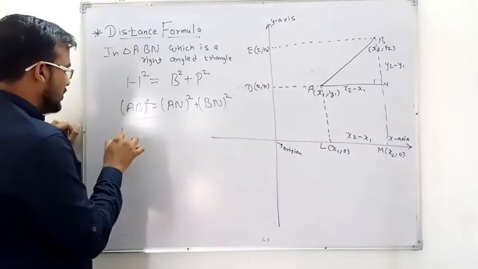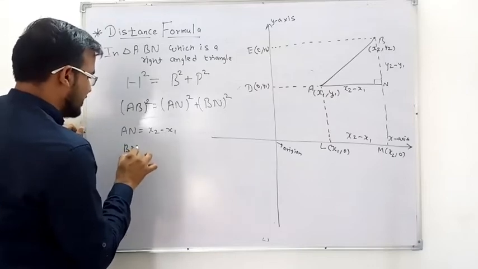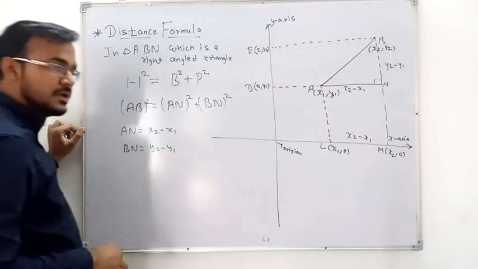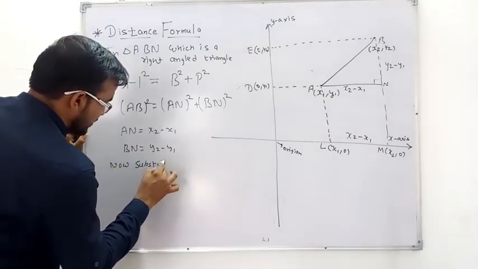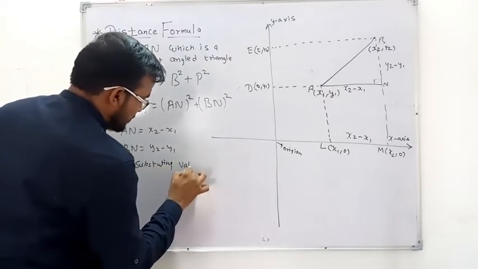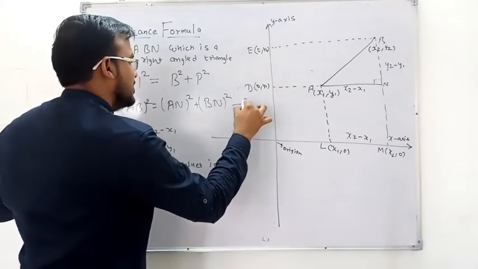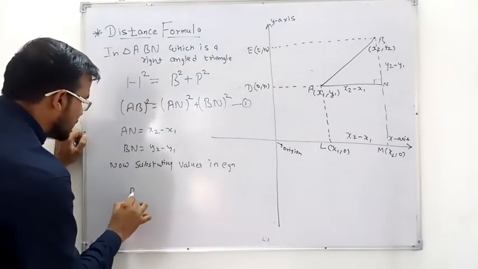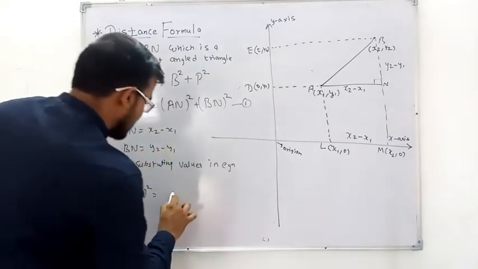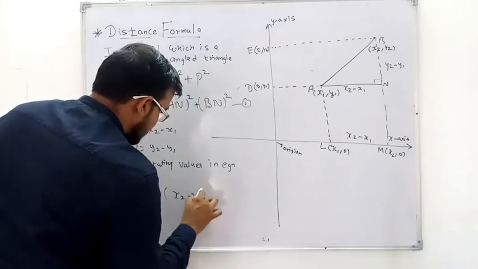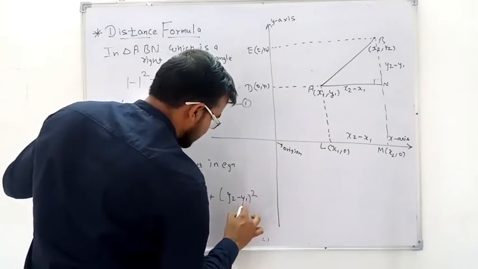Now substituting the value of AN as x2 minus x1 and that of BN as y2 minus y1 in equation first, AB square equals AN, that is (x2 minus x1) square, plus BN, that is (y2 minus y1) square.